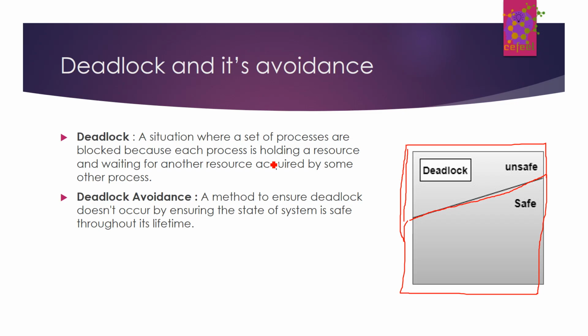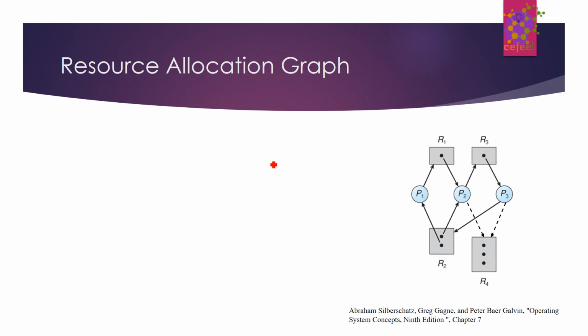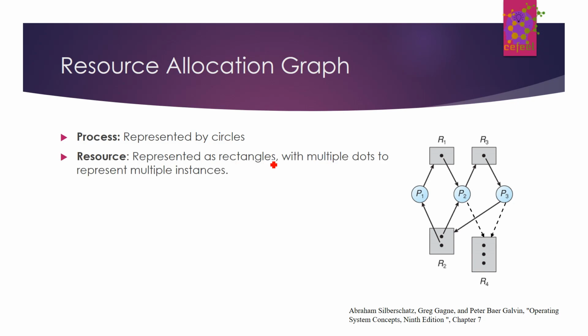So let's go ahead and start with what a resource allocation graph is. A resource allocation graph is a graph where we represent the processes by circles.